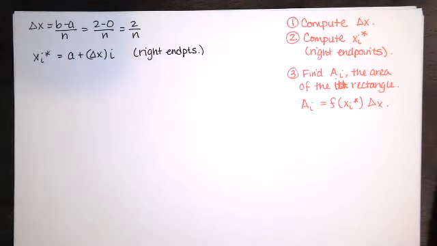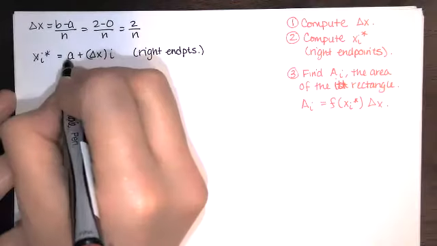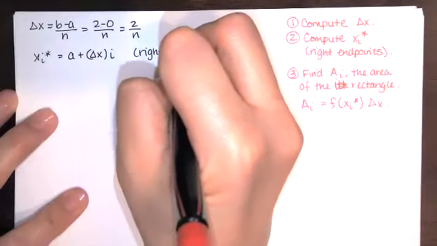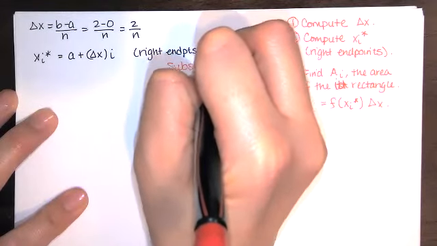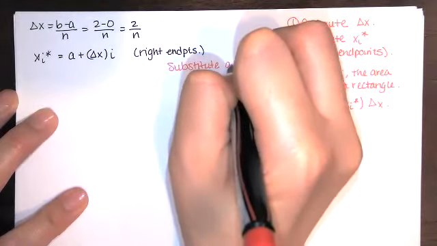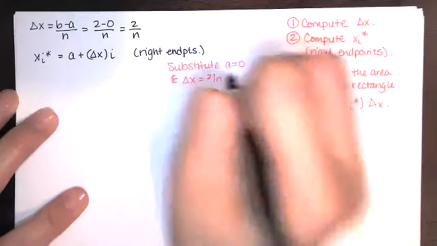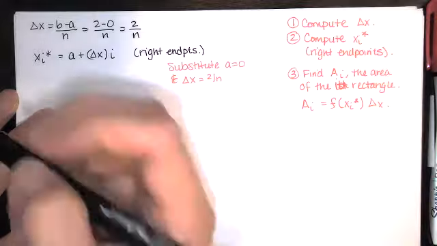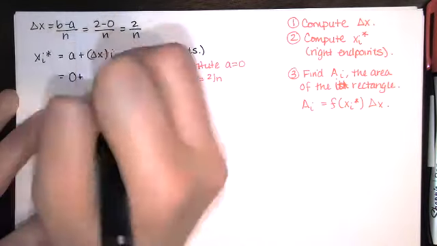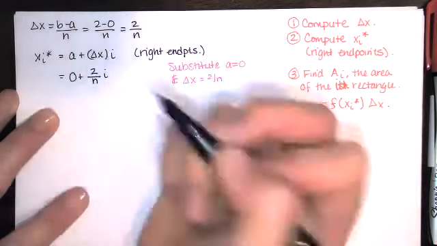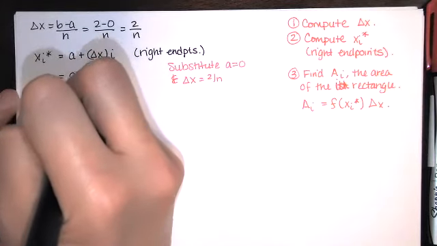And all you do is you substitute in the a value, that x value where you started, and the delta x that you just computed. So we've got 0 plus delta x, which is 2 over n times i, or you could call that 2i over n.